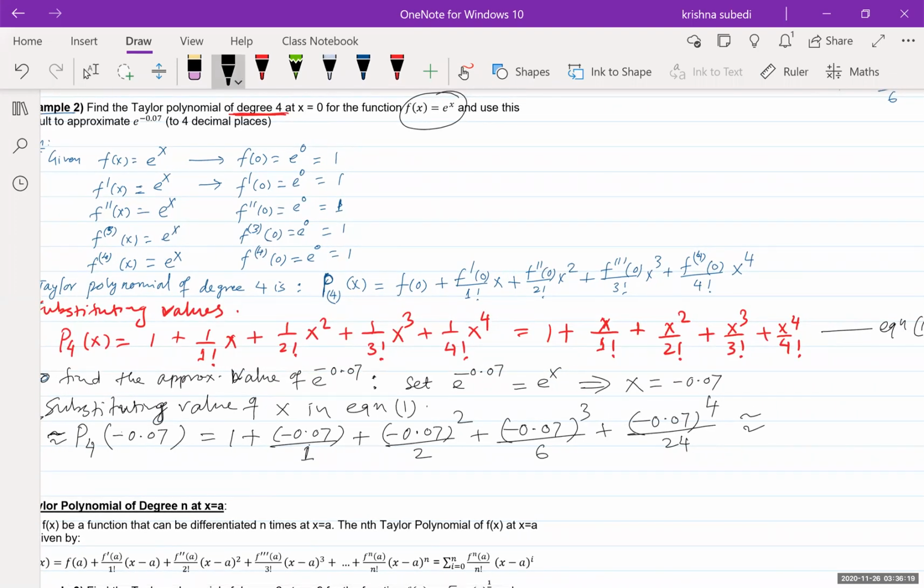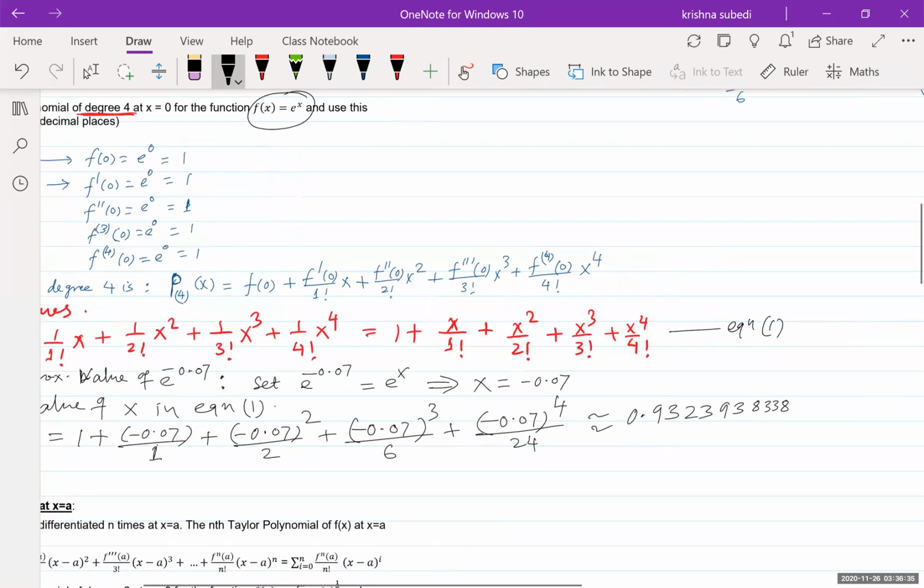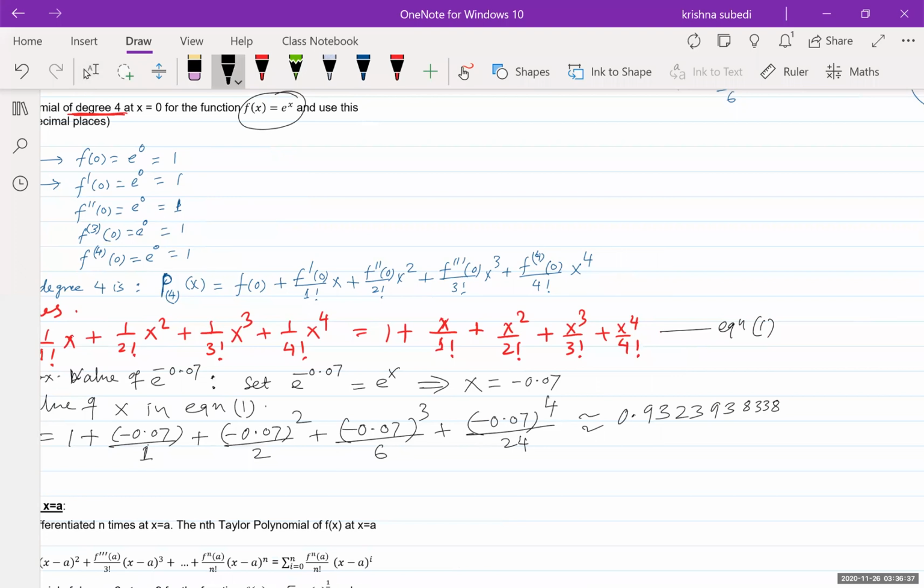My calculator tells me that this is approximately 0.9323938338. So that's my calculator value. But the question tells us to approximate the value to 4 decimal places. So that means my answer will be 0.9324.